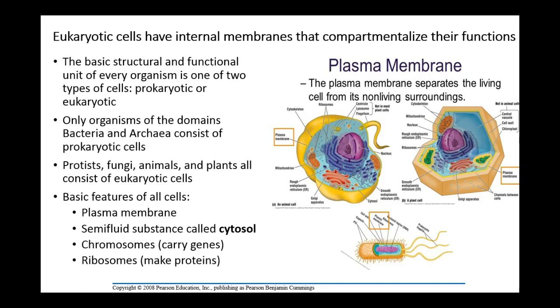And then ribosomes to make proteins, because any kind of metabolic function is directed by our genes, but our genes can't leave the cell. What can happen is we can direct a protein to be made, and that protein then can leave the cell. So we can respond to our environment and to other cells similar to ourselves, but we do this via a chemical way, and that chemical way is proteins.